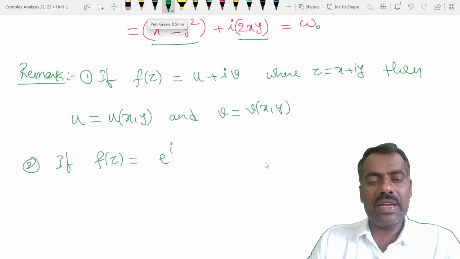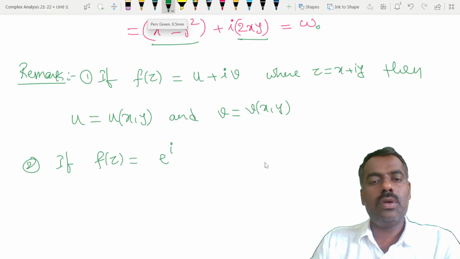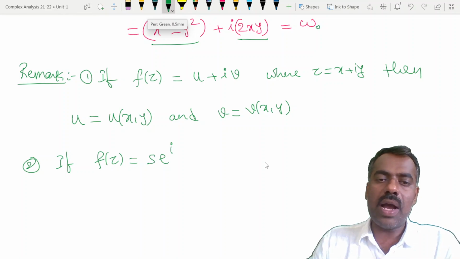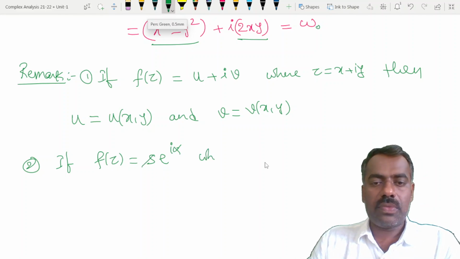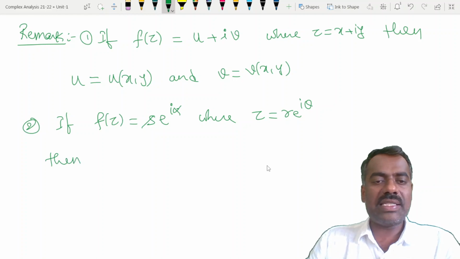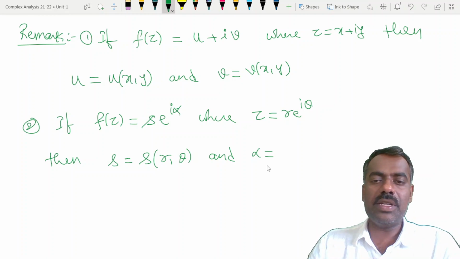Suppose we write f of z as s times e to the i alpha, where your z is in polar form r into e power i theta, then your s is nothing but a function in r and theta, and your alpha of course is again in terms of these.